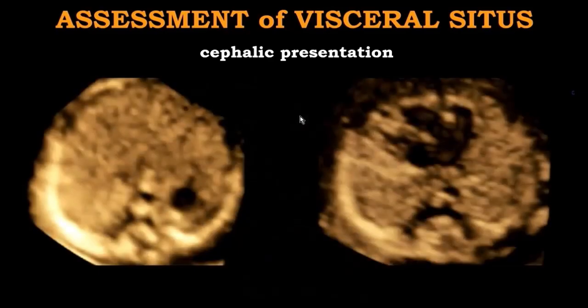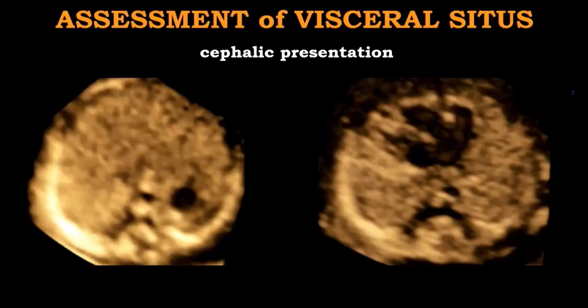So here I would like to show you two still images of the fetus. That was the cephalic presentation around 12 weeks and 6 days. And you can see right away that the stomach is on the right side. It's displaced very much posteriorly, the apex of the heart is pointing to the left, and the descending aorta is on the right.